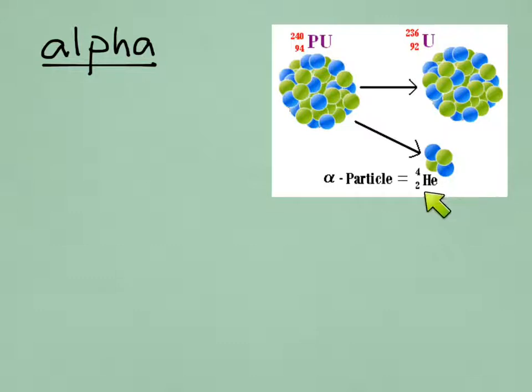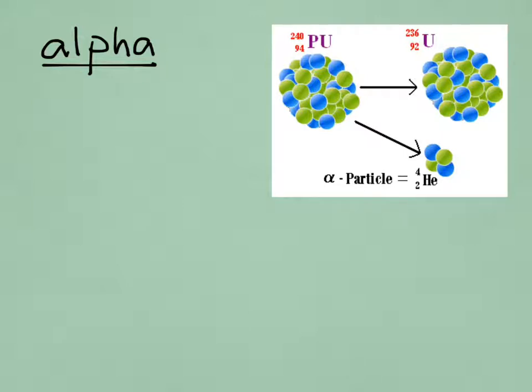So the way it's written is He for helium, 2 protons, but 4 nucleons in total, so 2 protons and 2 neutrons. So that's the standard way of writing an alpha particle, helium 4-2.